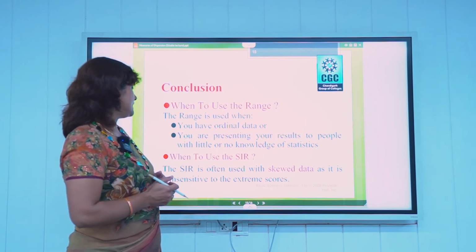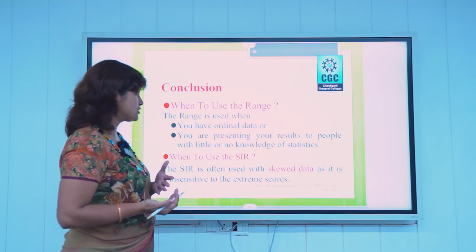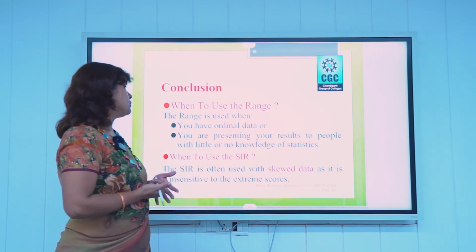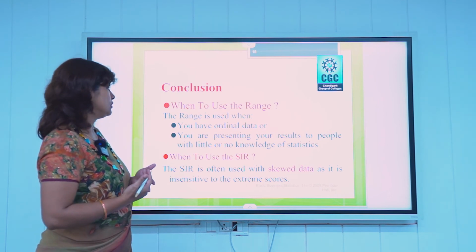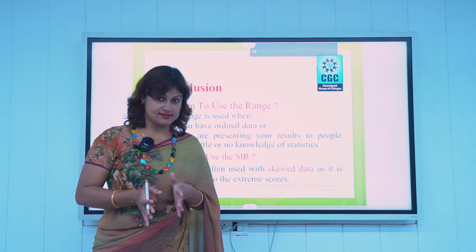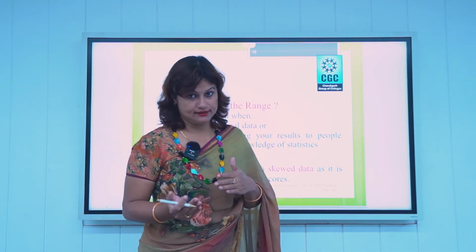So the conclusion is, when to use the range? The range is used when you have ordinal data or you are presenting your results to people with little or no knowledge of statistics, because range is quite misleading.